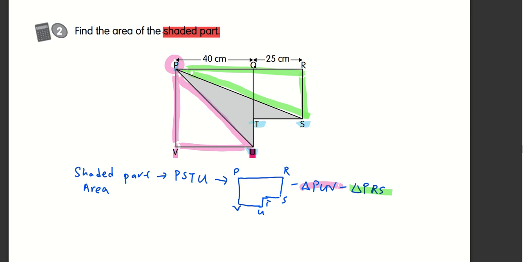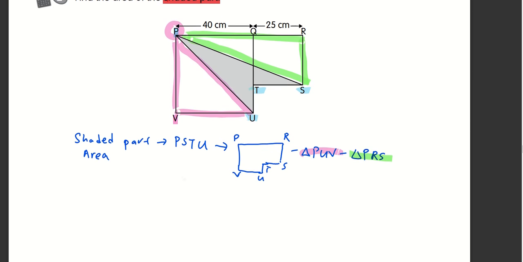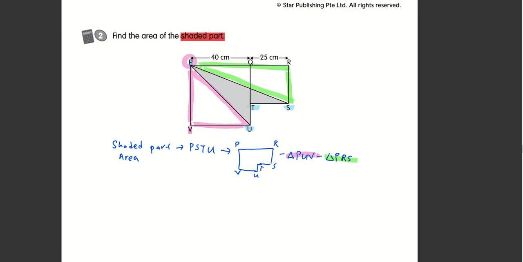I can proceed to find the whole first. The whole figure, PRSTUV, is made out of two squares: square PQUV plus square QRST.